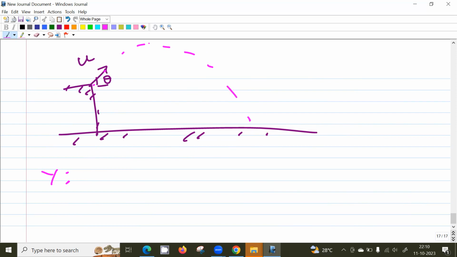So this time I can find by going from here to the maximum point, using the same thing, v equal to u plus at. Let me call the time from here to here t1, instead of t by 2.